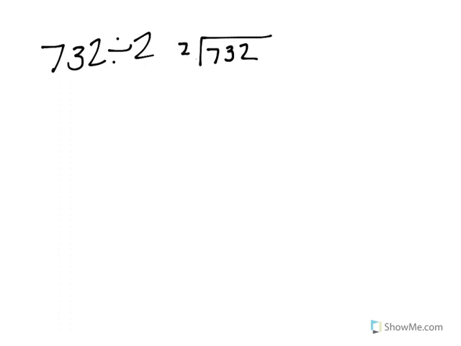So I'm going to start by asking myself, 2 times a number gives me close to 732 without going over. Well, I know that 2 times 100 gives me 200, so I'll go ahead and take that away.